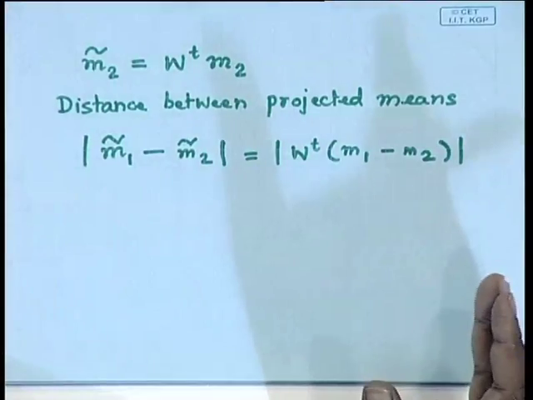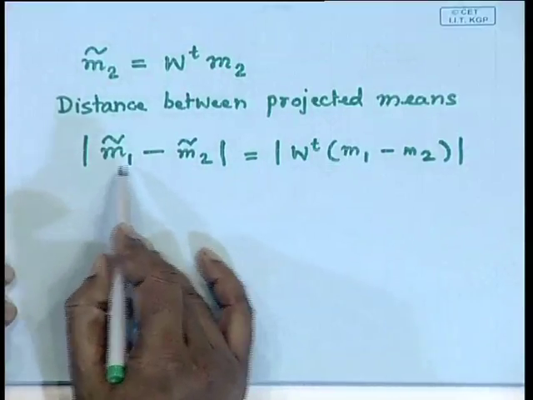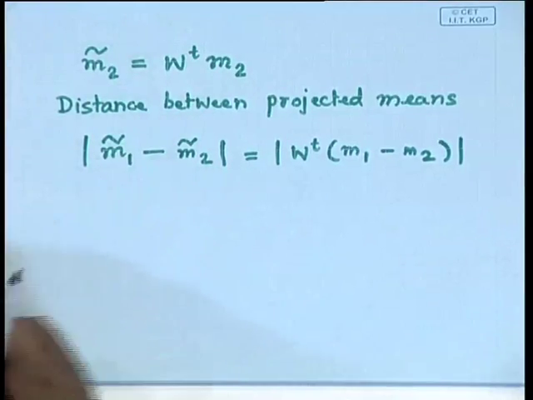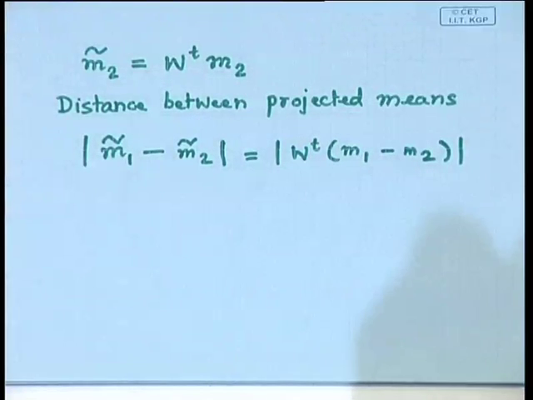As I increase the scale factor of W, the distance between M_1 tilde and M_2 tilde will increase, and that ensures that I can increase the separability between the two classes. But the question is, how much should I increase the separation between the two classes? Should I go on increasing indefinitely?